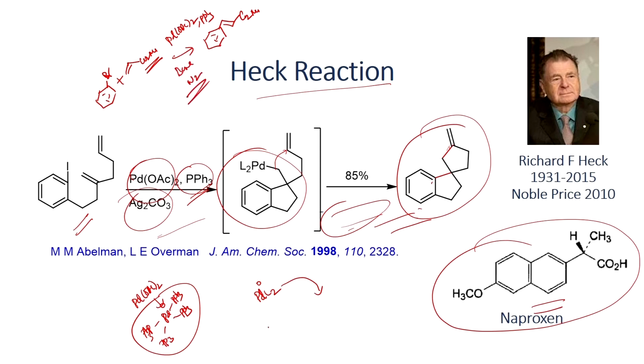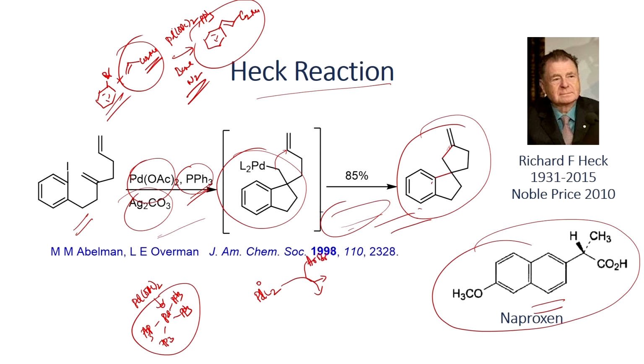These are the standard conditions: you take this aryl halide with alkene in the presence of palladium acetate, phosphine ligand and base, and you will be able to make a CC bond, where the palladium 2 is reduced to palladium 0. Once we have this, it can undergo oxidative addition with your aryl halide.